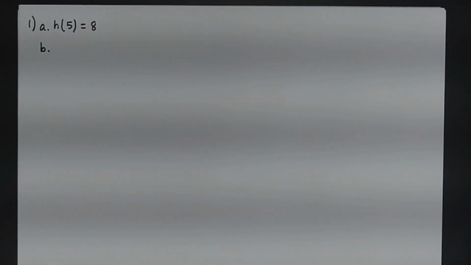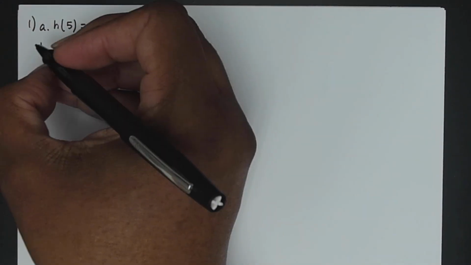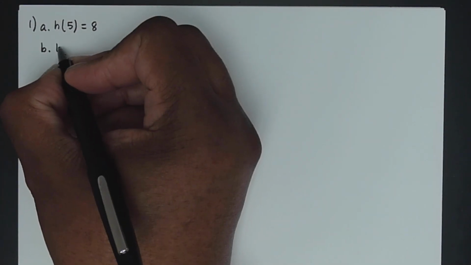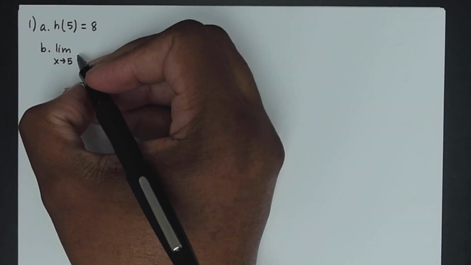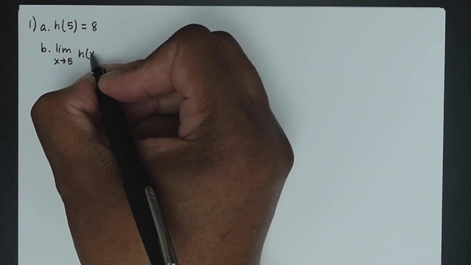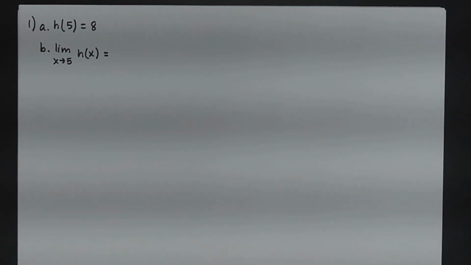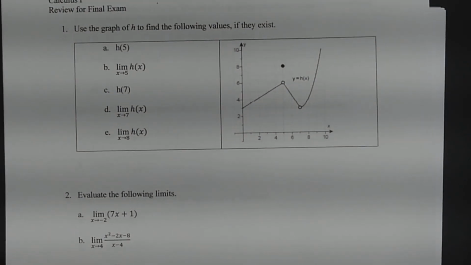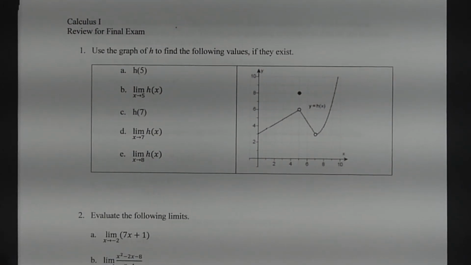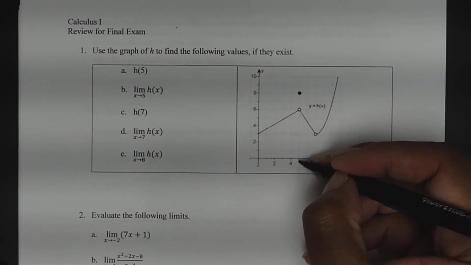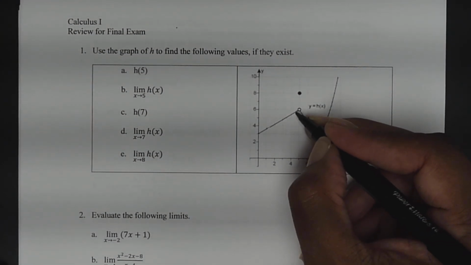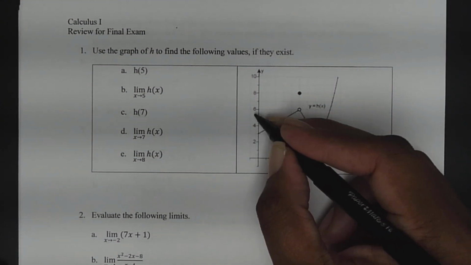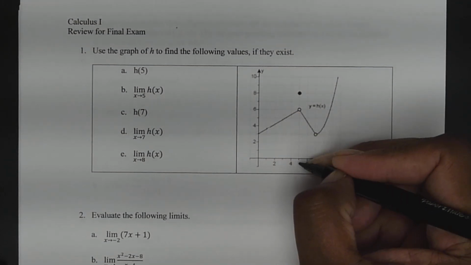All right, and then part B asks for the limit as x approaches 5 of h of x. So in this case here, here's 5. As we let x approach 5 from the left side, you'll see that it's getting closer and closer to this y value of 6.